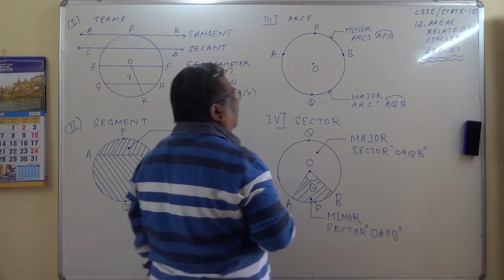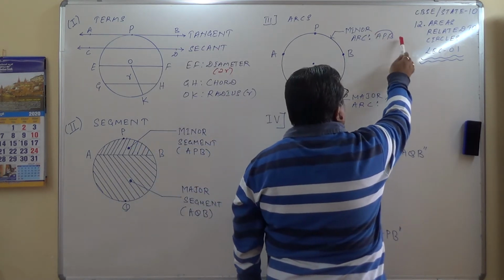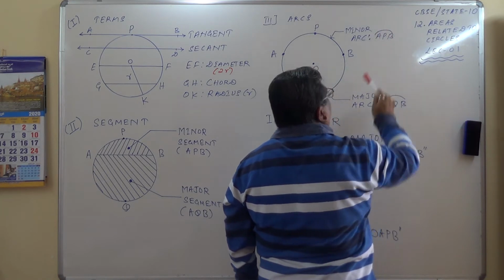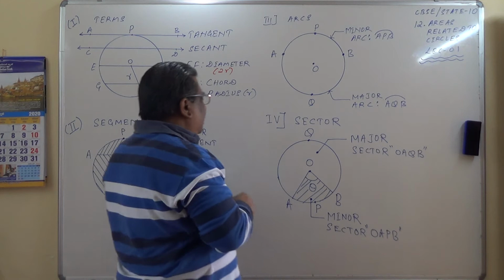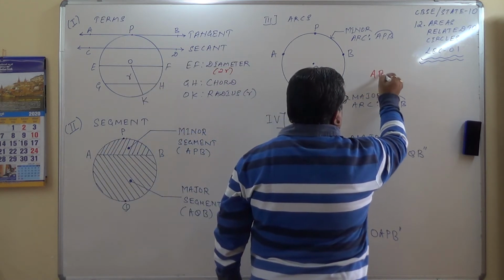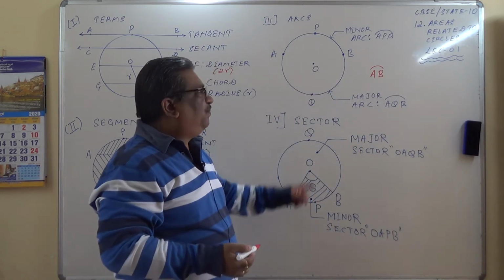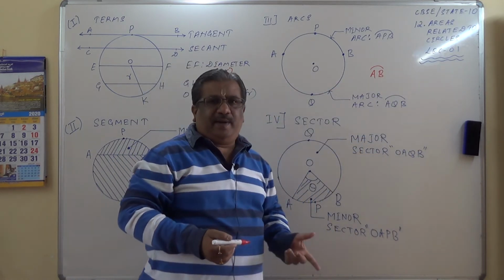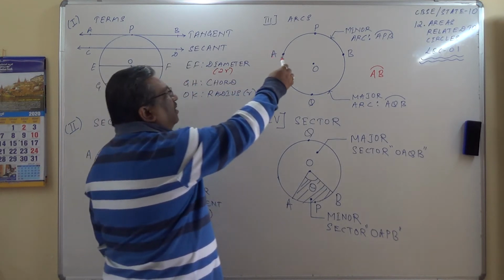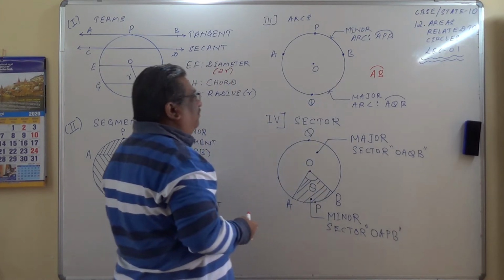AQB is a major arc. And how do you represent the arc lengths? Arc lengths are represented by this particular curved line over the letters. Say for example, if I represent AB something like this, it specifies that this is an arc between the points A and B, and it is basically the arc length. So you can see the 2 arc lengths here, minor arc and a major arc.